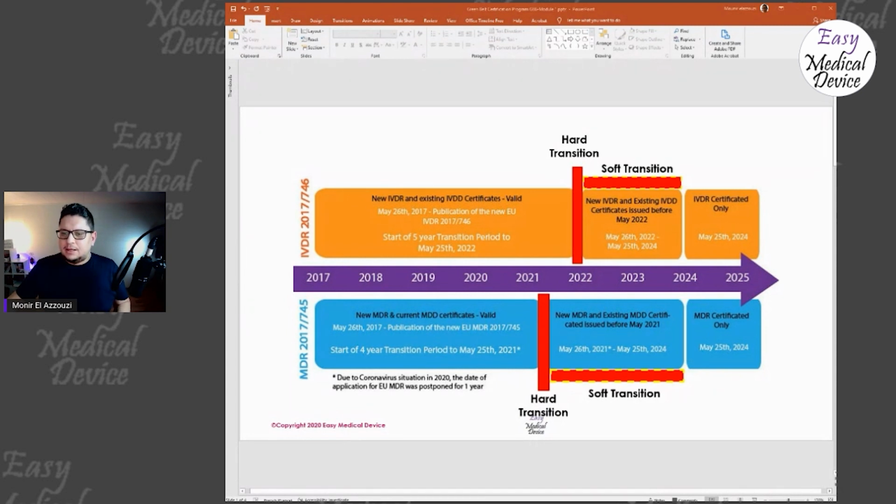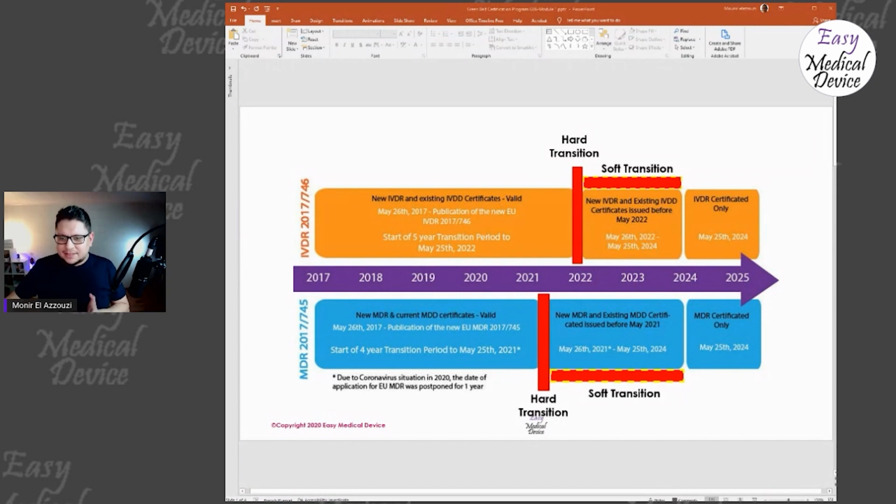Let's say an example. You have a class 1 product and you have it in your stock as a manufacturer, or as an importer if your manufacturer is located outside of Europe, and you want to sell it to your customers.